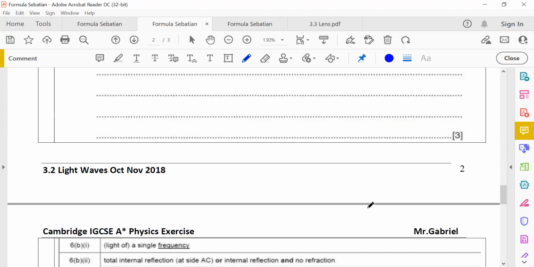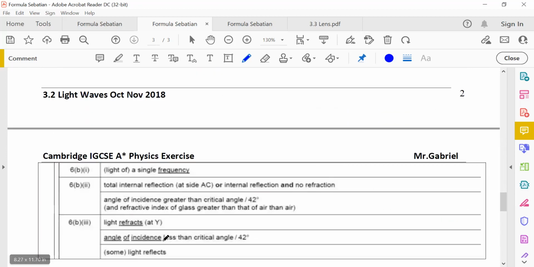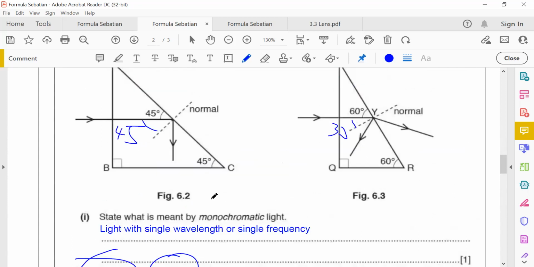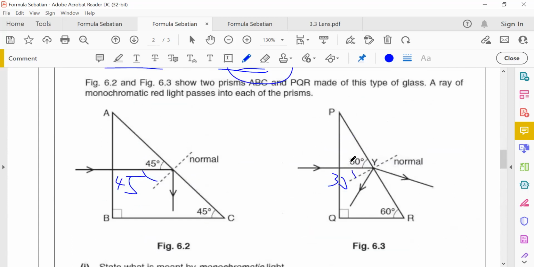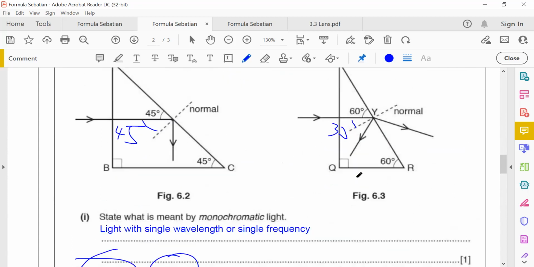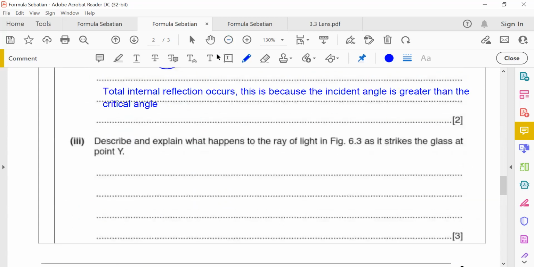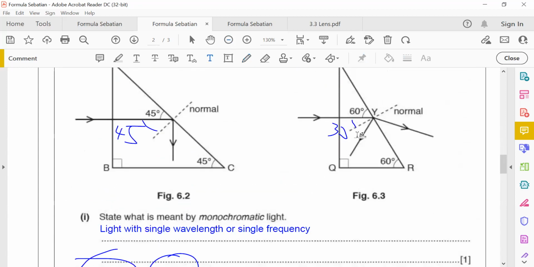Let me see what the mark scheme says. Light refracts. Some light reflects backwards. Oh, okay. Some light reflects backward. I don't know why, but I guess it's just the way it goes. Okay. Actually, this is not supposed to occur, to my knowledge.